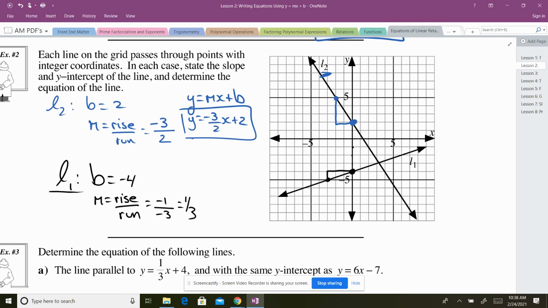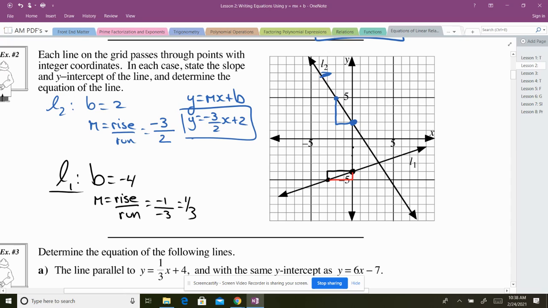Does it make sense that it's positive? This is actually a good test. It's rising left to right, so it does make sense. Okay? Which end are you starting at?